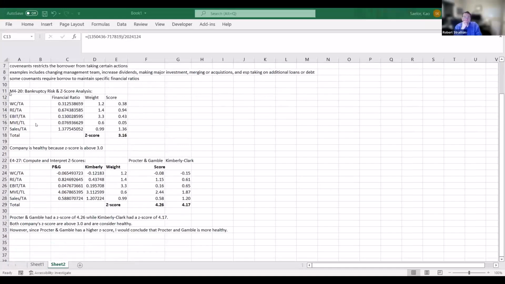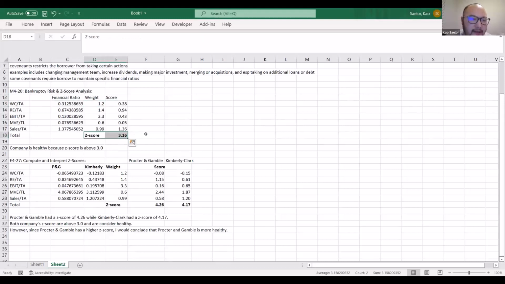Yeah. So for M4-20, I put in the rates because that's the equation you had to use: the weights and the ratios, and multiply those to get the score. So here are the financial ratios. This is working capital divided by total assets, and then I multiplied the financial ratio by the rate to get the score, and in the end I just added them up.